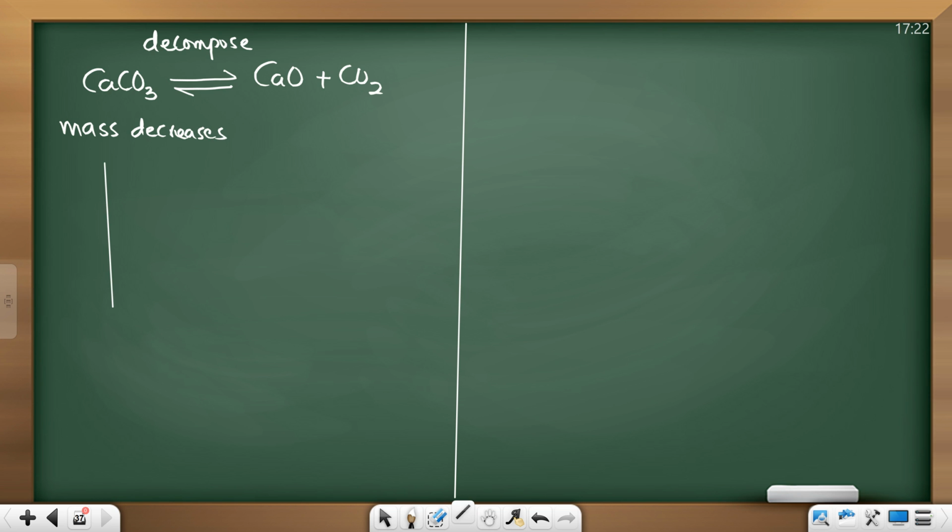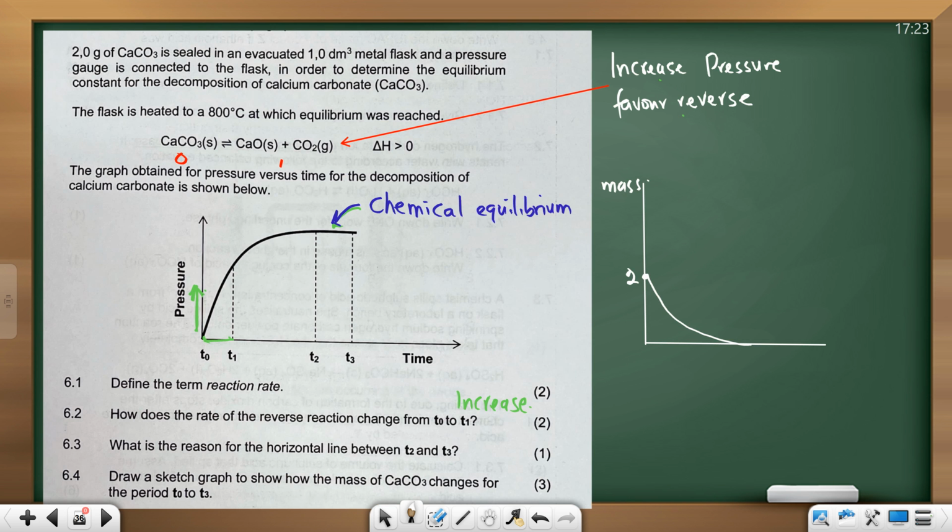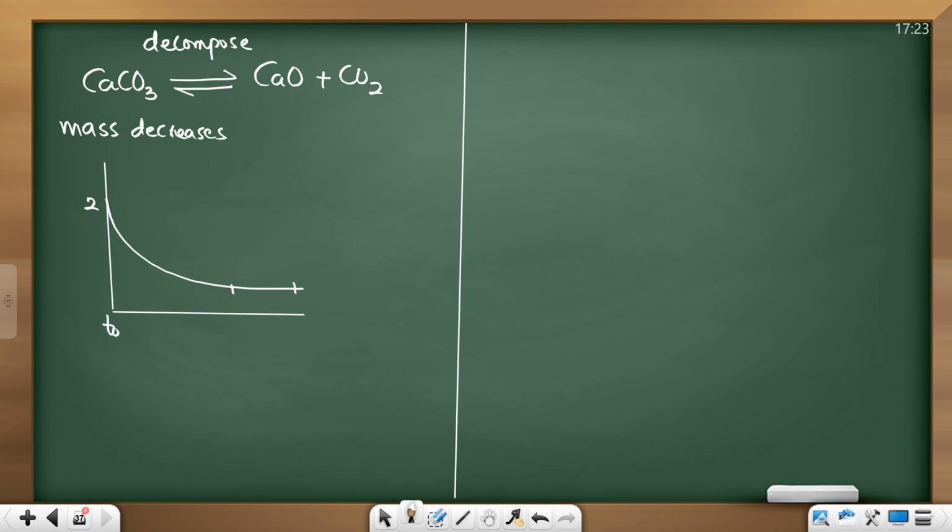This is what my graph should look like. We're starting from 2. It decreases until we get to chemical equilibrium. Where's my chemical equilibrium? T2 and T3. So we've got a T1 here. This is what's happening normally.